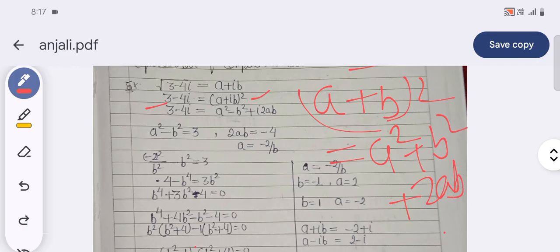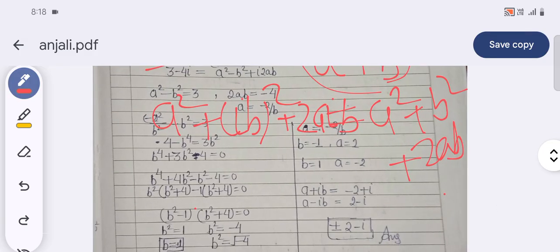It is clear? So a square plus iota b square minus 2a iota b plus. It is clear? So we know very well iota square is always minus 1. So a square minus b square plus 2a iota b.